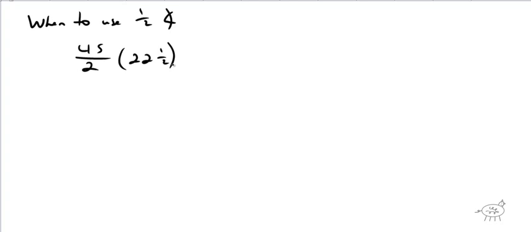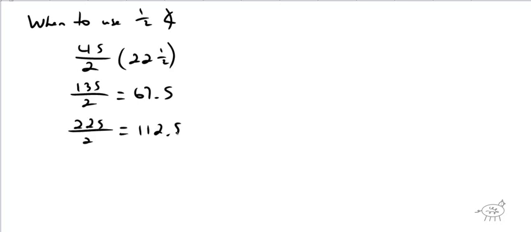So in other words, it would be 45 divided by 2, or 135 over 2, which would give you 67.5, or 225 over 2, that's a 45 degree reference angle, giving 112.5, or 315 over 2, which is going to give you 157.5 degrees.